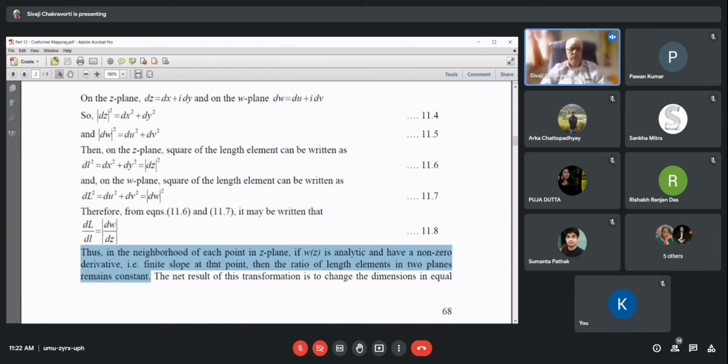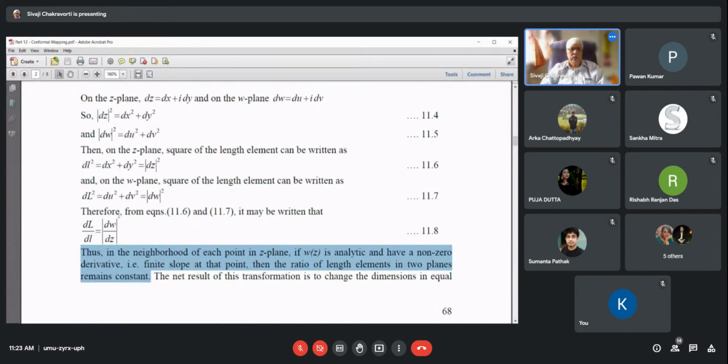So this is an important statement in conformal mapping, that if there is a finite slope at any point, then the ratio of the length elements, dL by dl, where capital dL is a small length in the W plane and small dl is a small length element on the Z plane, so dL by dl is the ratio of the length elements.